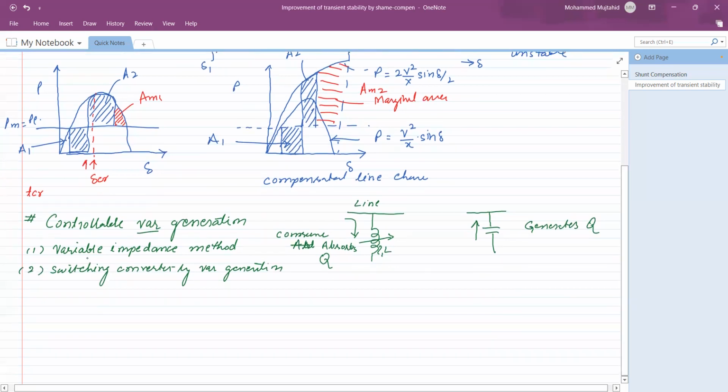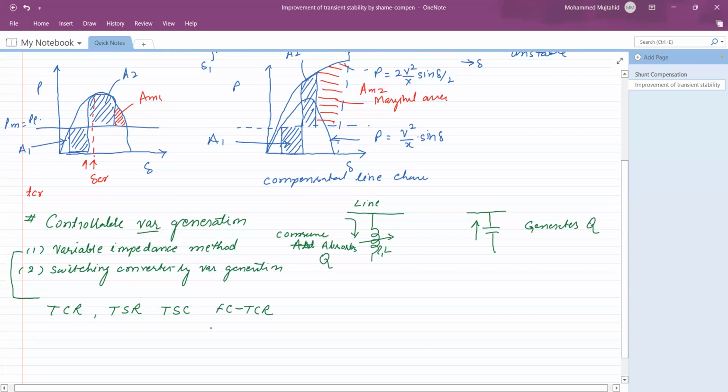And in the variable VAR category, there are different parts: the thyristor controlled reactor, thyristor switched reactor, thyristor switched capacitor, and fixed capacitor with thyristor control.